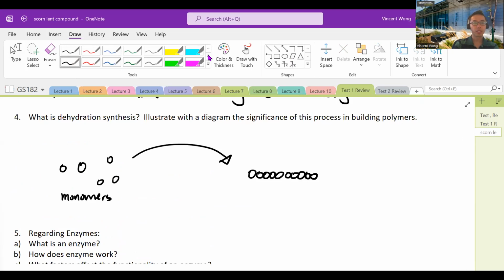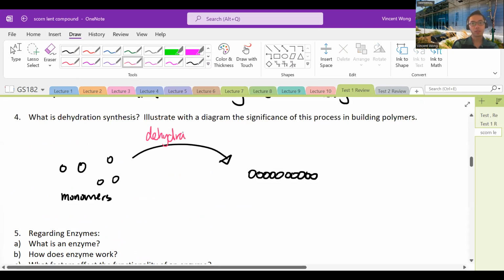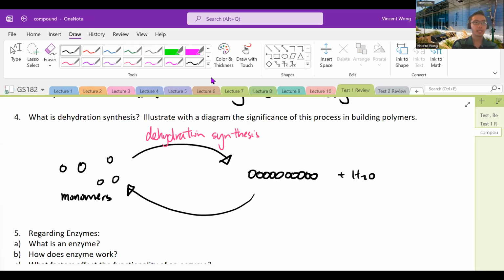The process involved here is dehydration synthesis. You have to remove a water molecule, right? So plus H2O if you want to join them together. And if you want to break it apart, then it's going to be hydrolysis.